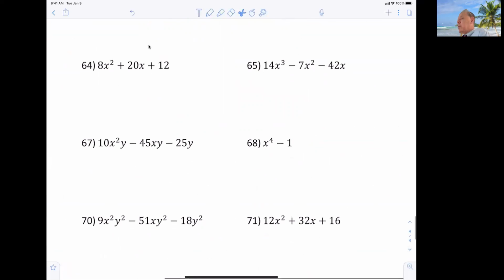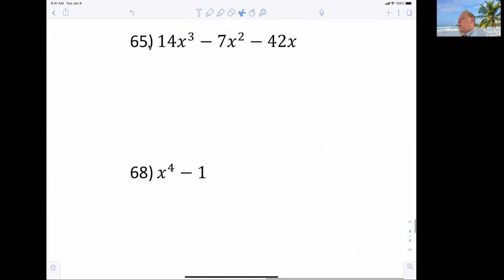All right, now we're going down the page. 65, we're doing the third column now. All right, what's common? Say it again. 7x. Then what? Perfect.